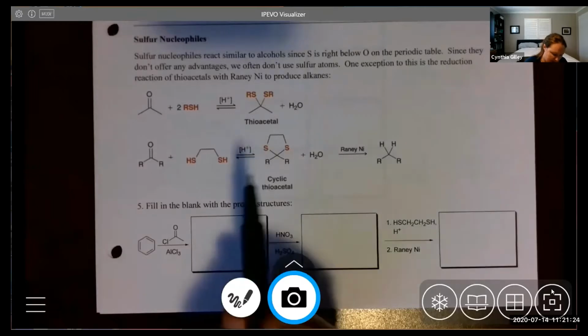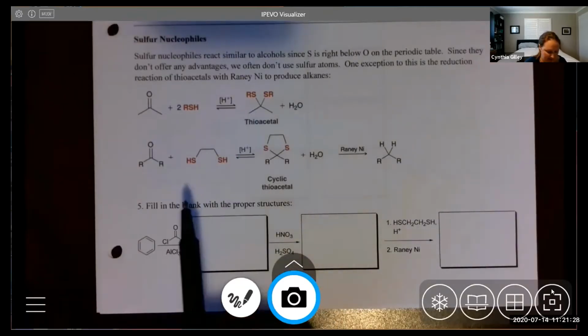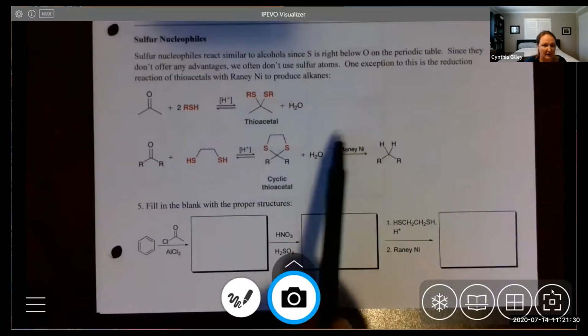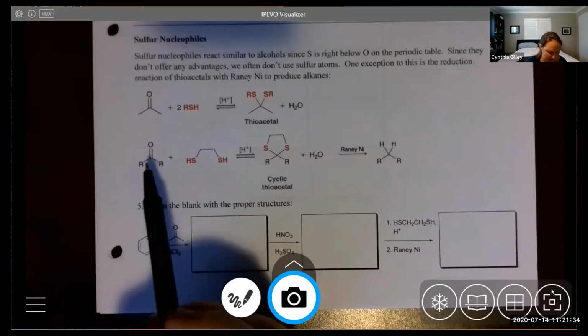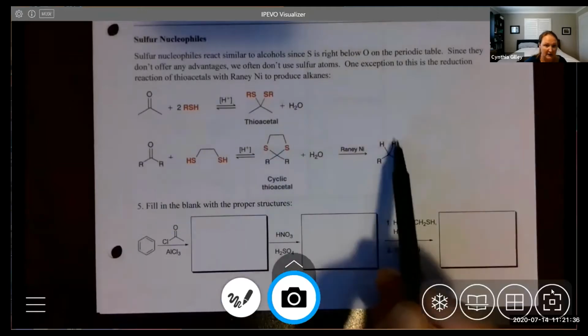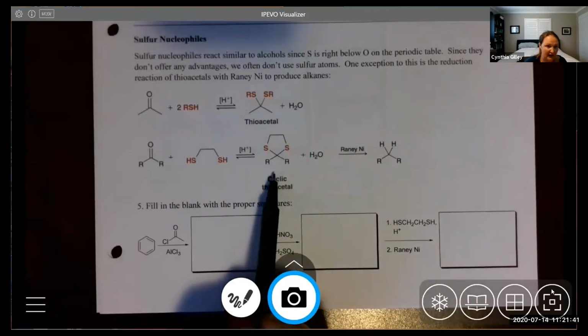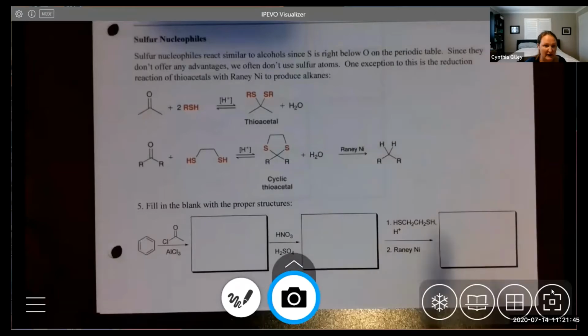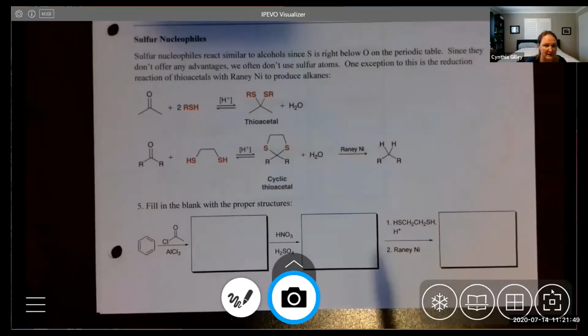So the most important application of making a thioacetal is using Raney nickel.